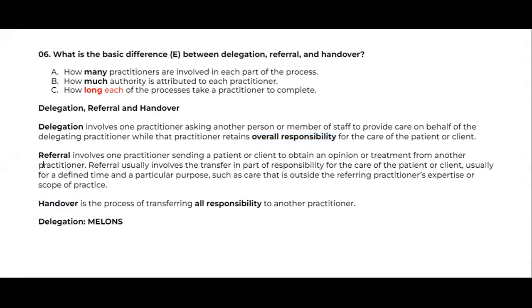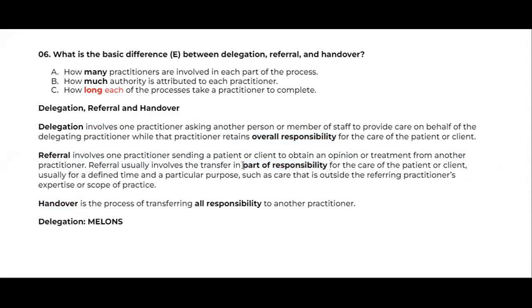Can you find the same thing in the second one also? Yes, part of responsibility. This is partial responsibility or authority. So they have just tried to confuse us using the words responsibility and authority. In all three of them, what is the difference?